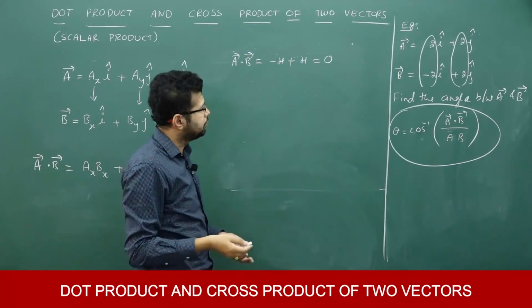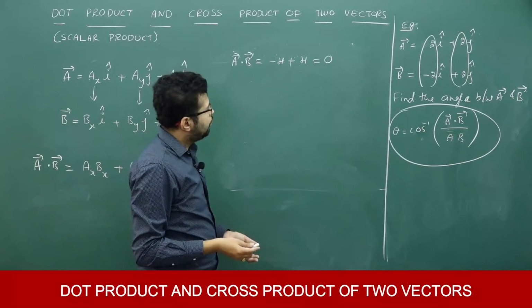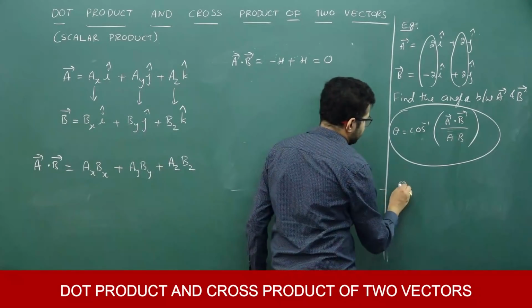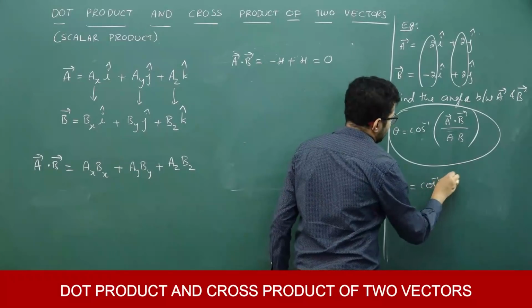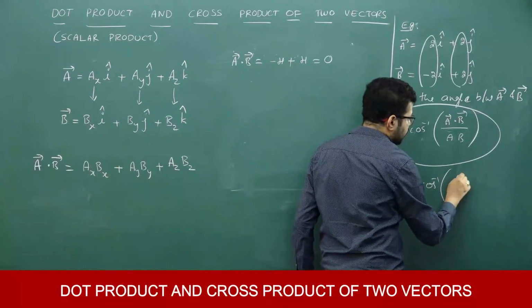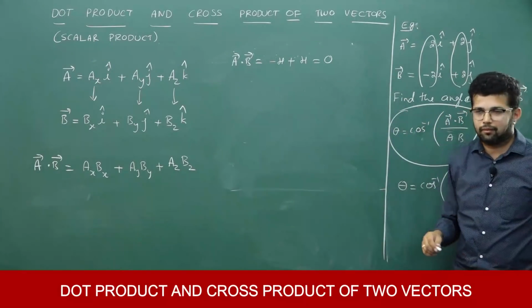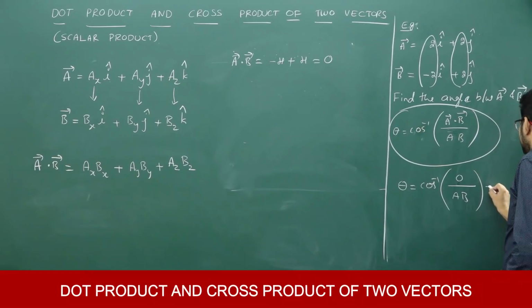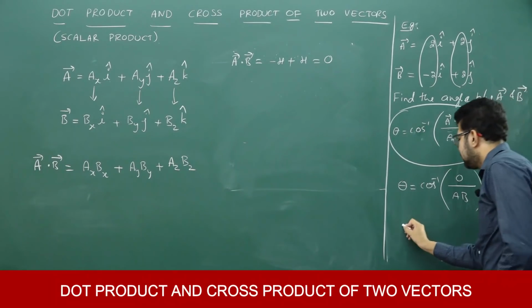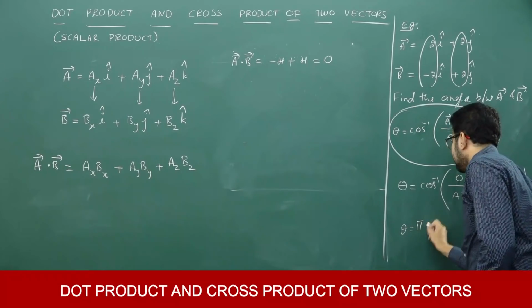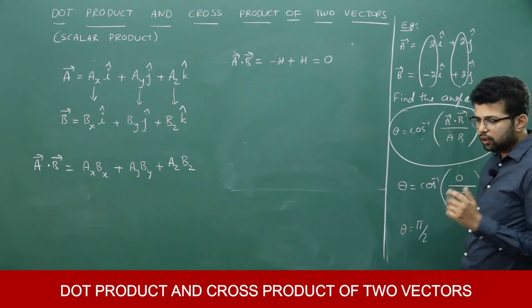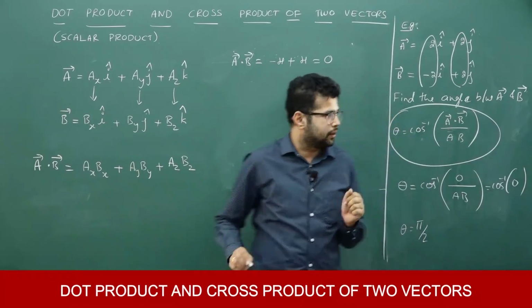If A dot B is 0, theta is equal to cos inverse of 0 divided by AB. 0 divided by anything is 0. So, theta equal to cos inverse of 0. So, what does it mean? Theta is equal to pi by 2 or 90 degrees. This is how we can find the angle between two vectors.